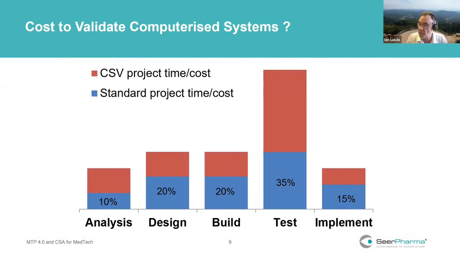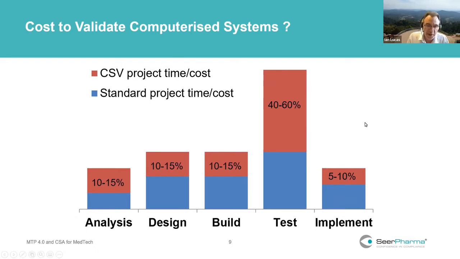I like this slide because the bottom line there is, in standard projects, computer system type projects, these are the generic time frame ratio splits that people take for the different phases of a project. Now, you can see here there's 35% in testing. When we get into our environment, this is the time taken.